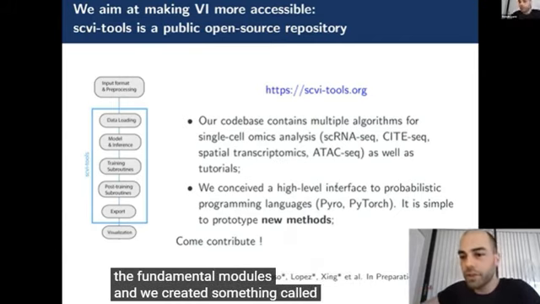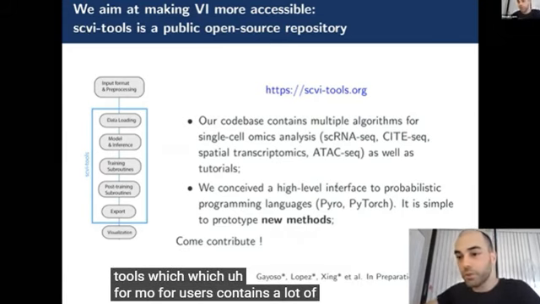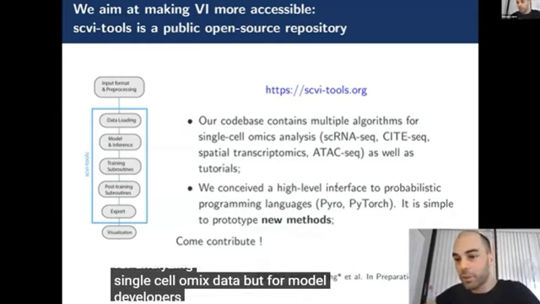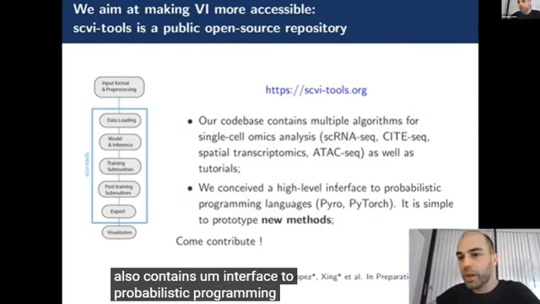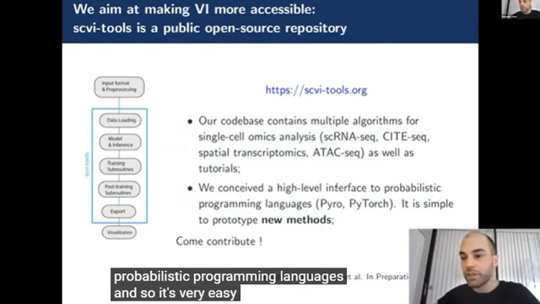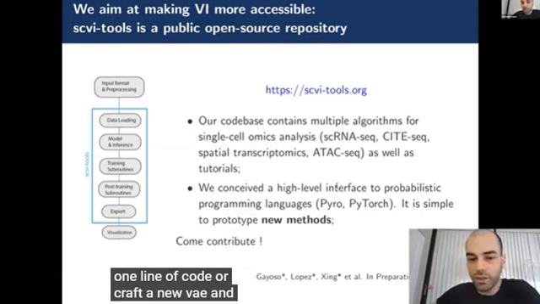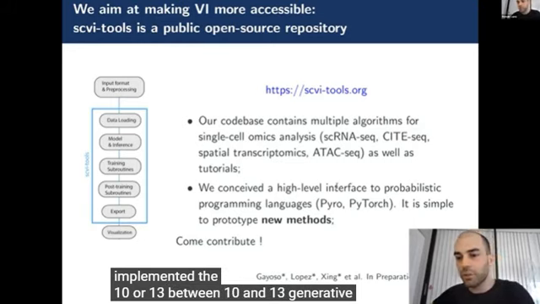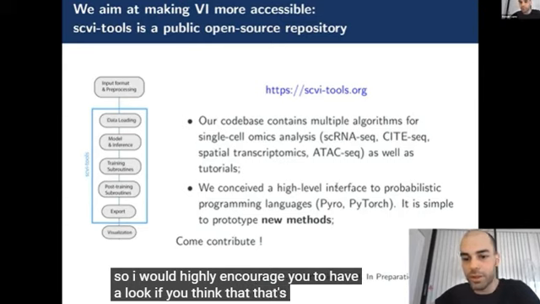And we created something called scvi-tools, which for users contains a lot of tools for analyzing single-cell omics data, but for model developers also contains an interface to probabilistic programming languages. And so it's very easy to change a variational distribution in 1 line of code or craft a new VAE. I think we implemented between 10 and 13 generative models inside of this code base. So I would highly encourage you to have a look if you think that's interesting.